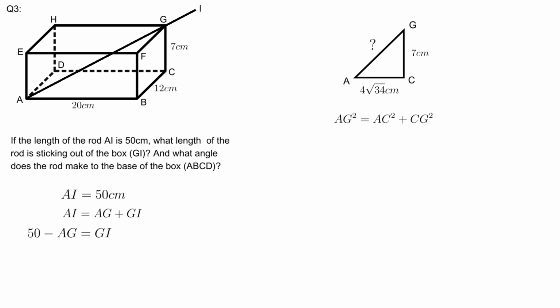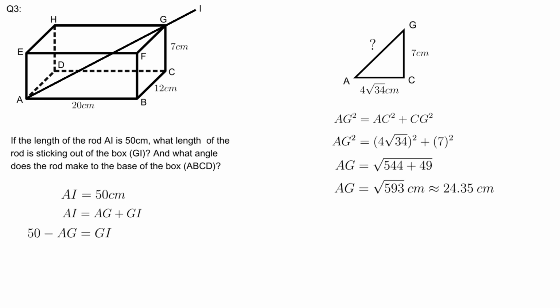Plug your values into your calculator, AC being 4 square root 34 and CG being 7. 4 square root 34 squared is 544 and 7 squared is 49. Yet again, isolate AG by taking the square root of both sides, and you get your answer for AG, which is the square root of 593, which rounds off to 24.35 centimeters.